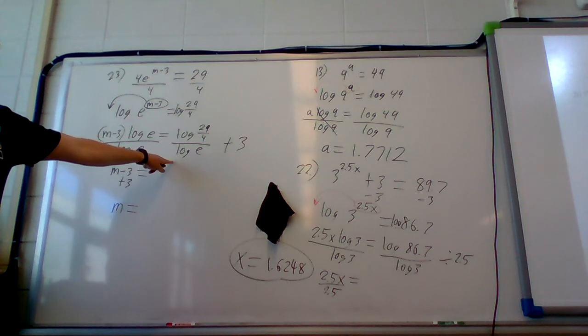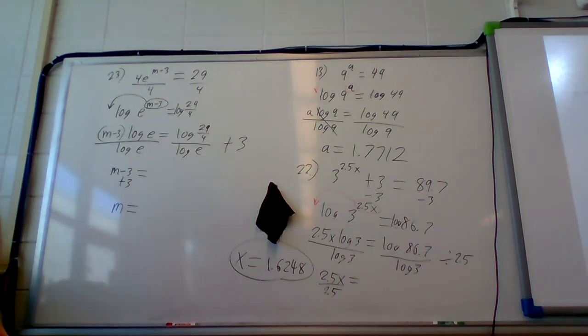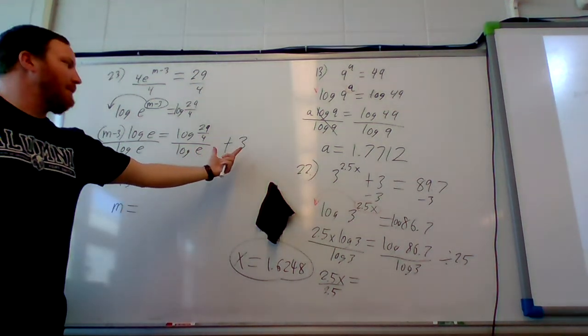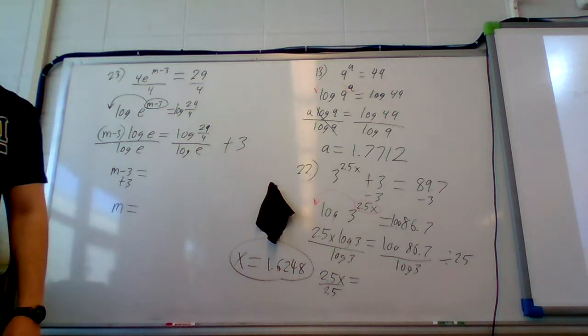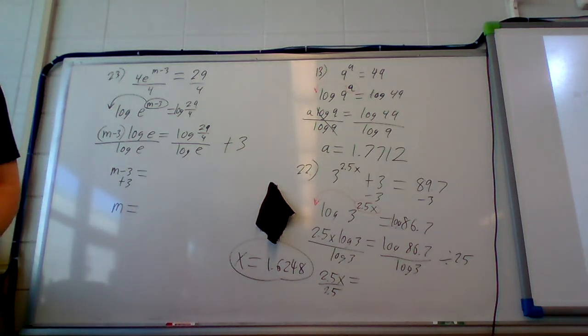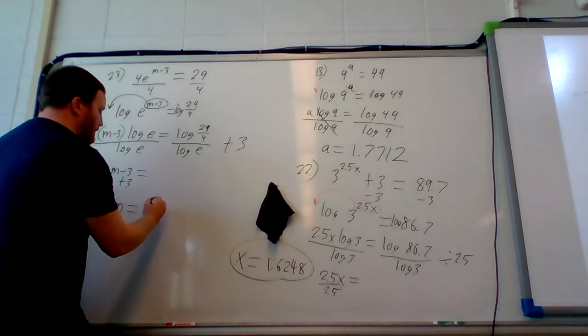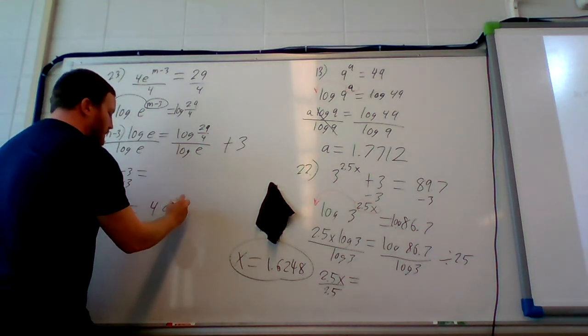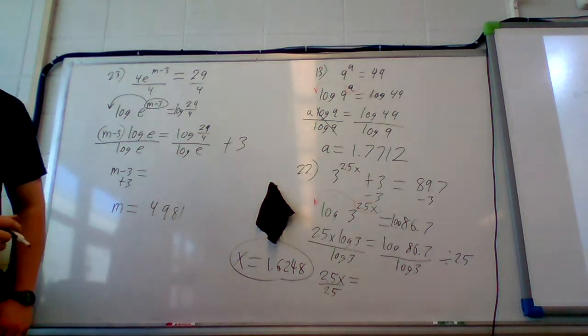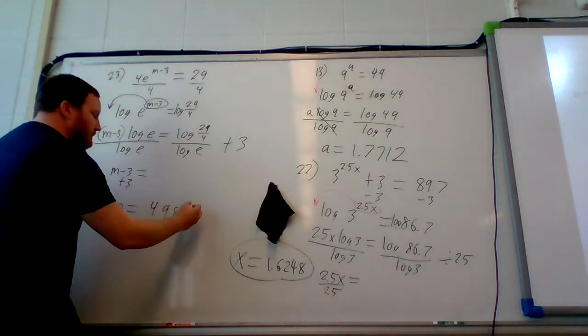And then once we've done that, hit enter, and then we want to add 3 to it. So that's our last step. Add our 3, and we get 4.9810.